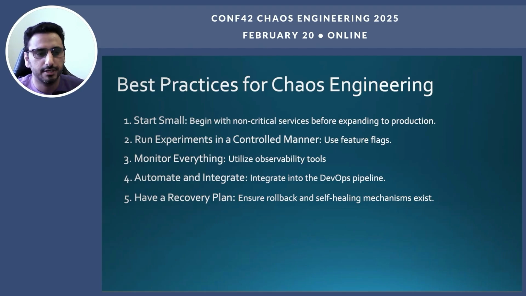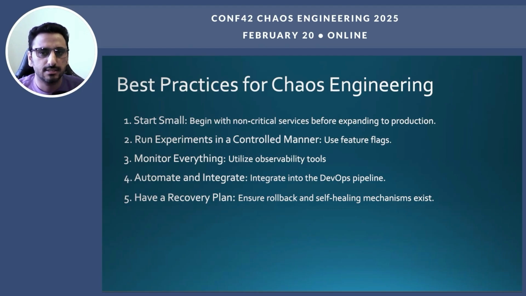So we have to make sure we are using feature flags and are able to roll back if needed. And then we have to monitor everything. There are a lot of observability tools available in the market, like Prometheus, Grafana, and the ELK stack. We have to make sure that we are monitoring properly.